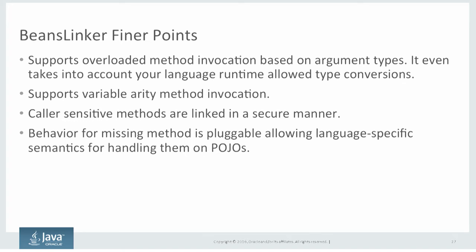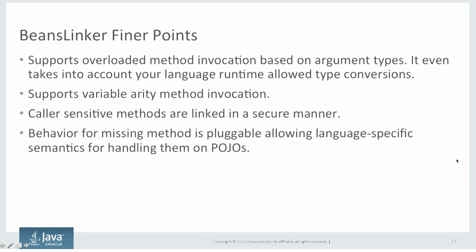But caller sensitive will typically expect other lookup contexts to be at the call site. And Dynalink takes care of transporting the call site lookup object through the entire framework and into the caller sensitive method so that the context of the actual call site will be applied rather than the context of the method handle that was generated from Dynalink.